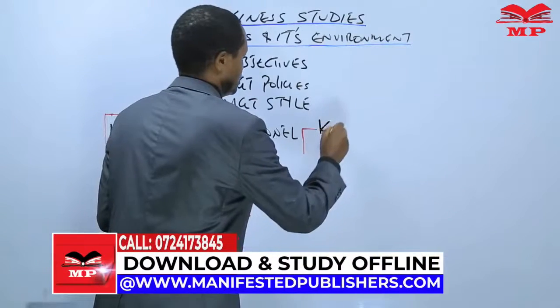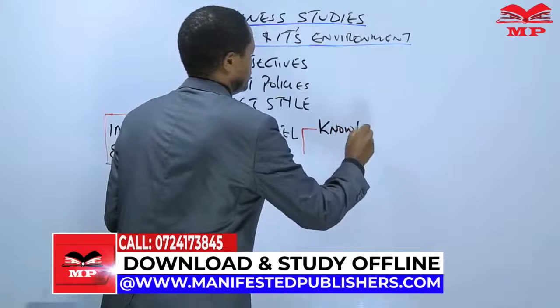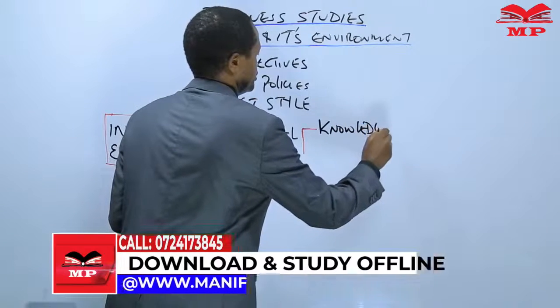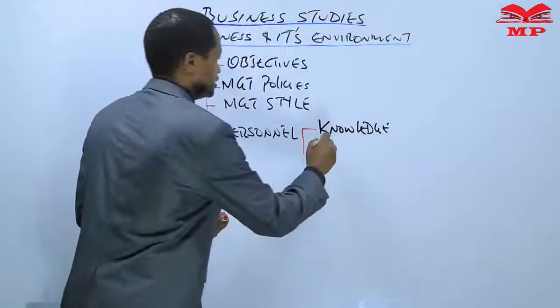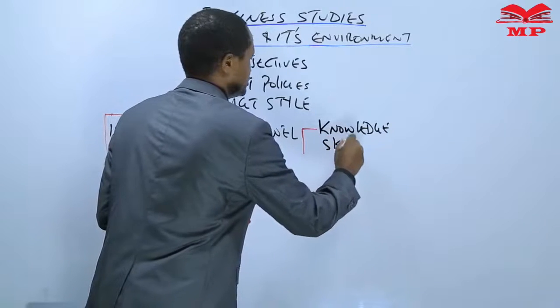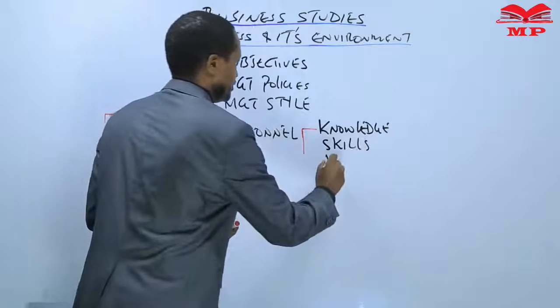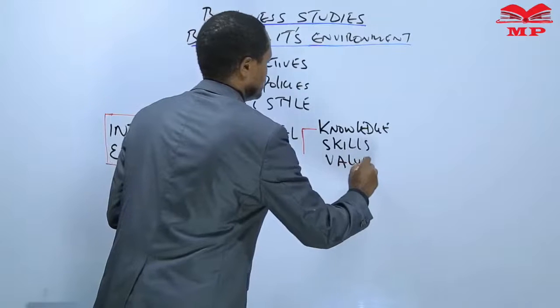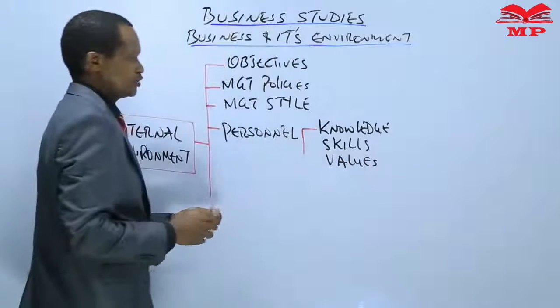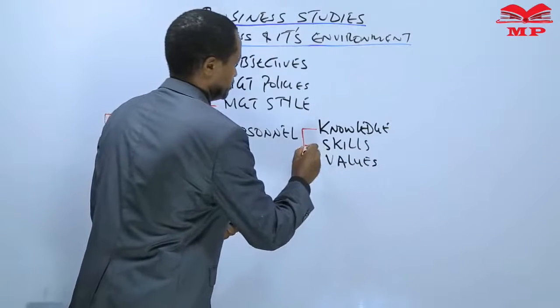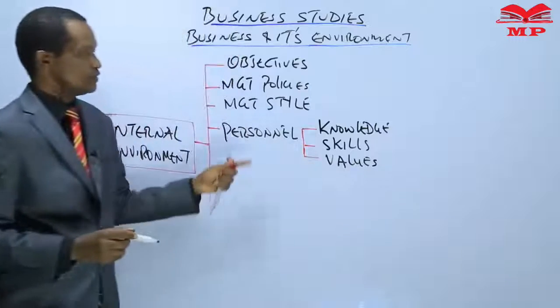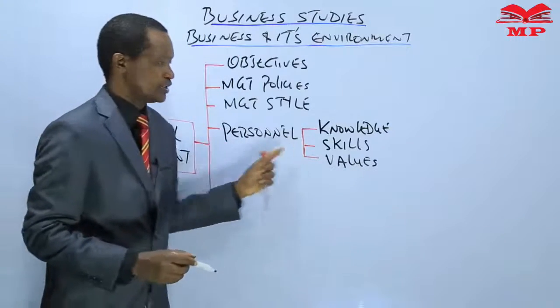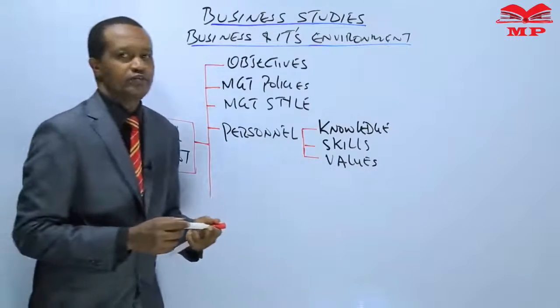We are talking about personnel knowledge, number one, knowledge. Then skills and values. Personnel knowledge, personnel skills, and personnel values.